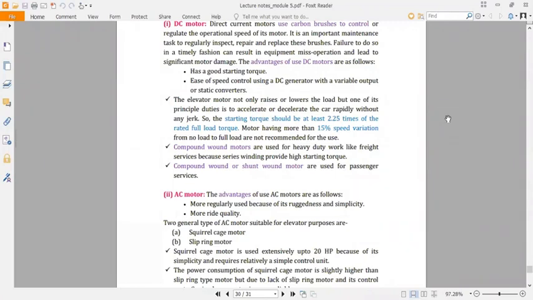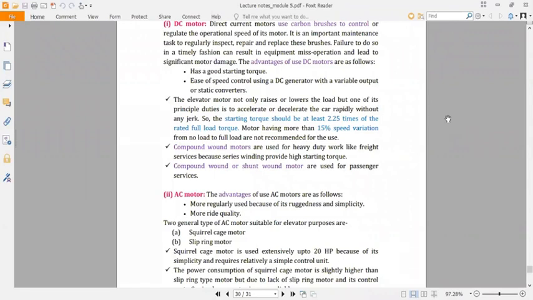At the starting, sometimes we need a very high starting torque, around 2 to 2.5 times the rated torque. So the DC series motor will be suitable in that case.